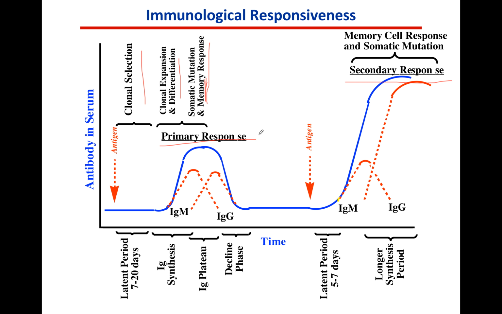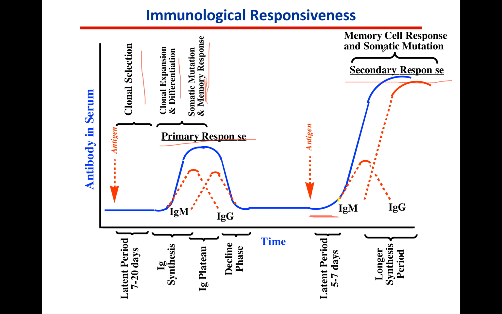Now, upon a secondary antigen insult, because there's a memory response, you're going to see a much steeper response, with the immune system producing more antibody and much more quickly. This is quicker because you're engaging memory cells that remember interacting with the past antigen.